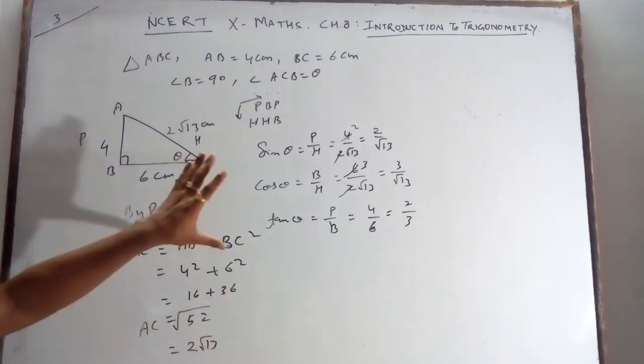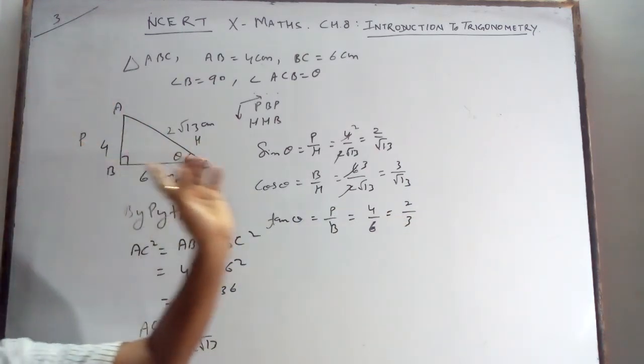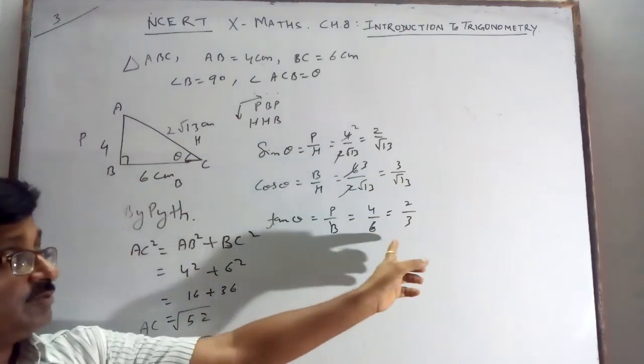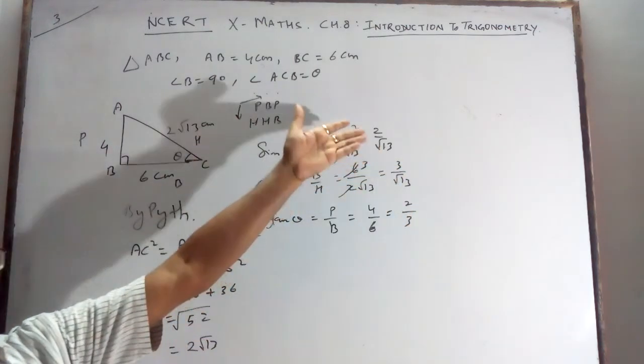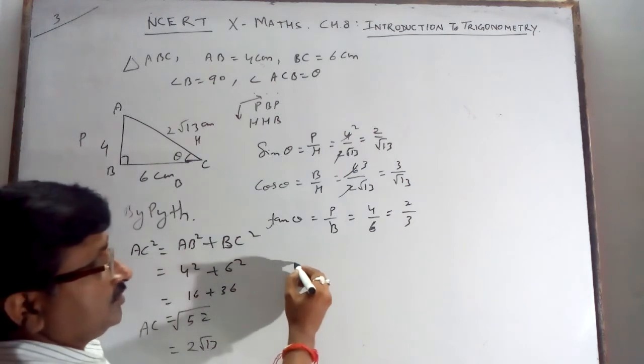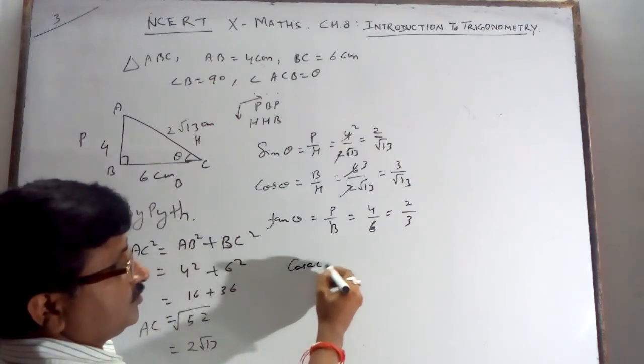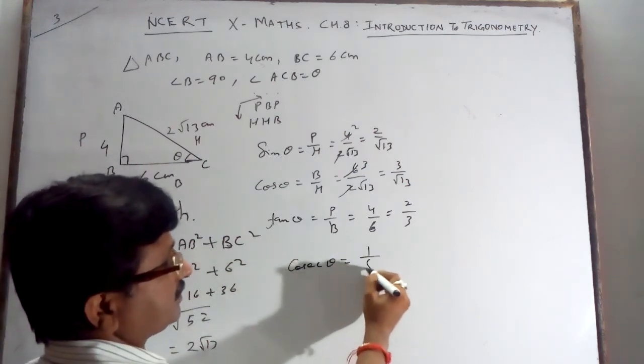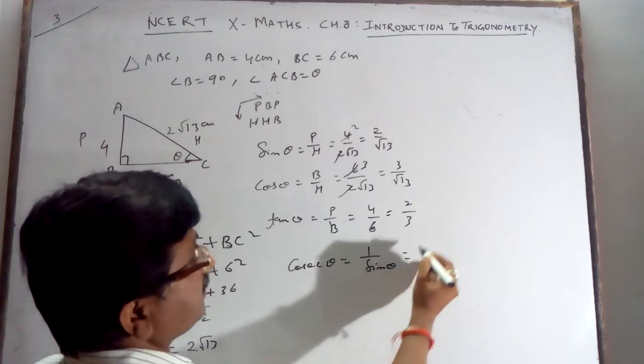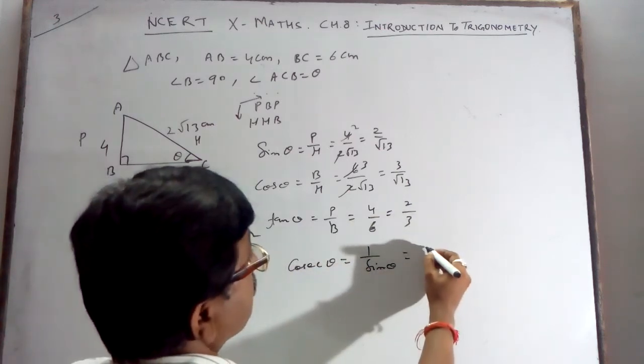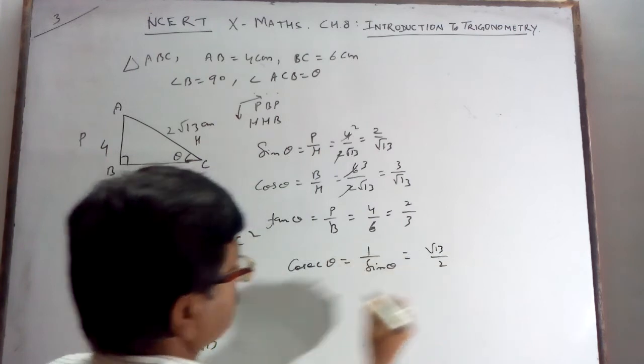So 3 answers you are getting, and I have told you by these 3 you can get the other 3 by the reciprocal. So cosec theta is equal to 1 upon sin theta, you will get root 13 by 2.